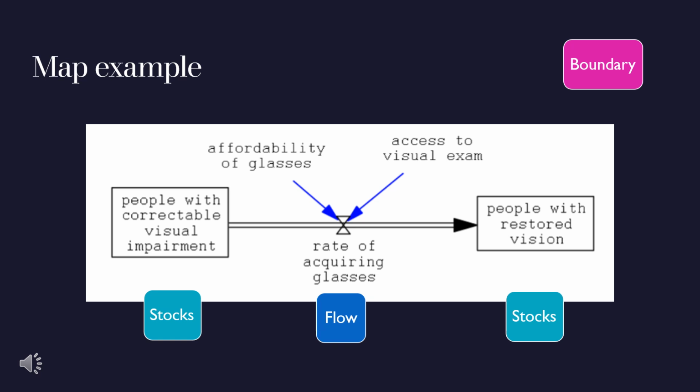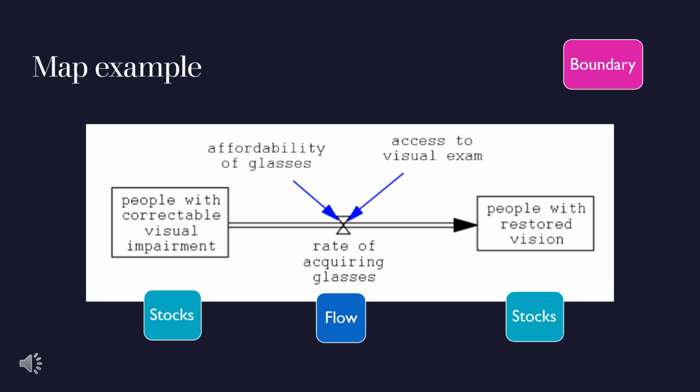Now, this is the same map, but with some additional information. One thing that's been done is the boundary has been broadened slightly. So rather than the boundary being around this simple intervention, it's expanding slightly to explore some of the other factors that may be influencing the dynamics of this intervention. The stocks and the flow are the same, but now two factors influencing the rate of acquiring glasses have been added.